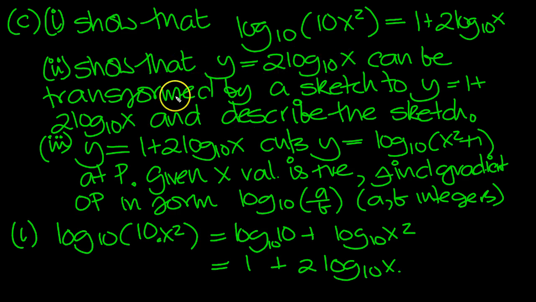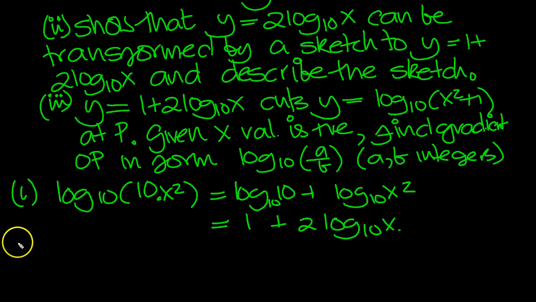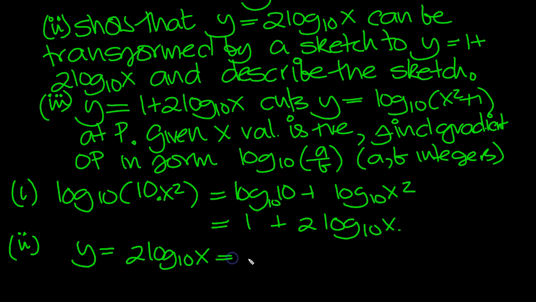Part 2, show that this can be transformed by a stretch to this, and describe the stretch. So part 2 then, this curve here, y equals 2 log 10 of x, which is equal to log 10 of x squared.